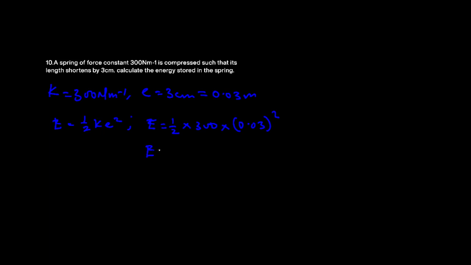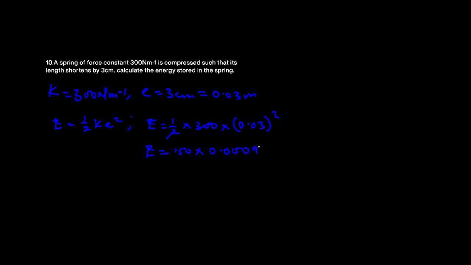So the energy is given as 150 multiplied by 0.03 square, which will give us something like 0.009.